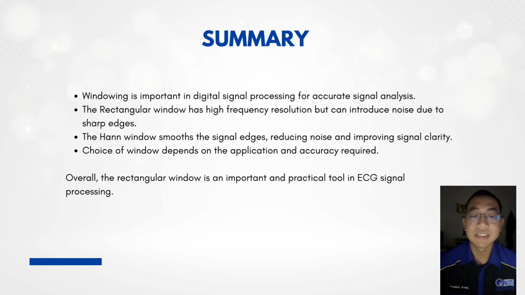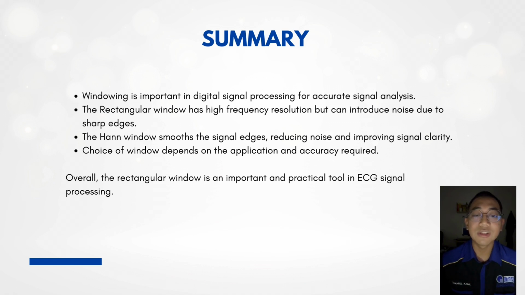Let's talk about the summary. Window techniques are important in digital signal processing because they affect how accurately signals are analyzed. The rectangular window offers high-frequency resolution, making it useful for detecting small signal changes, and its simple construction allows efficient real-time processing. However, its sharp edges can introduce noise.